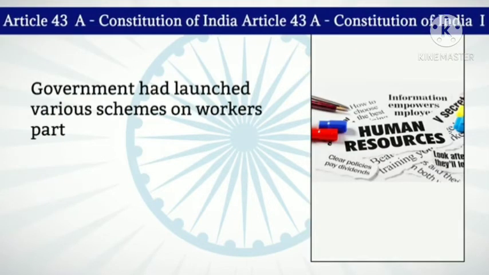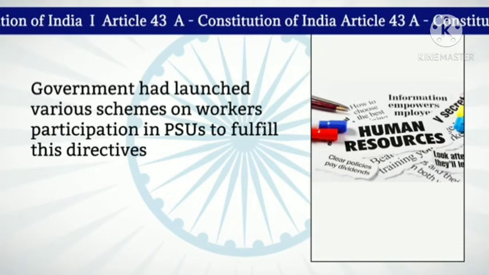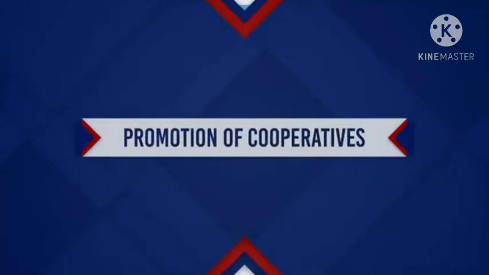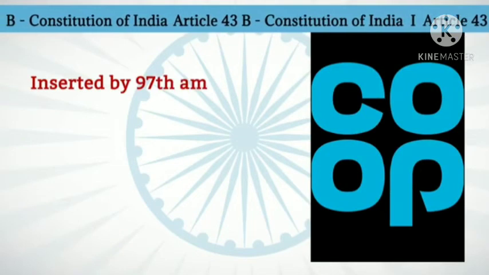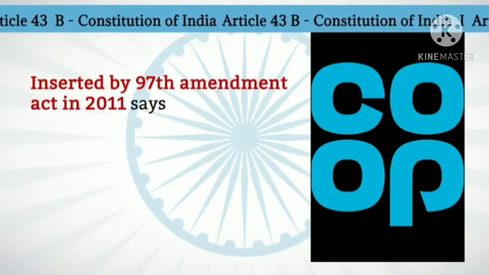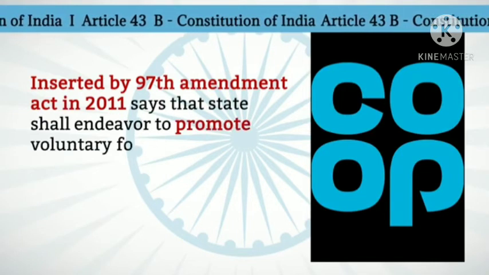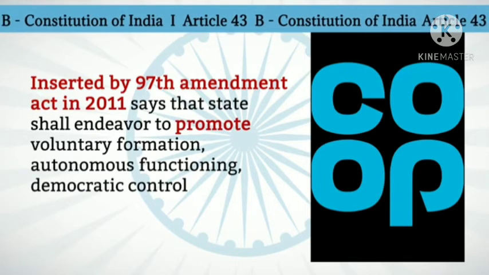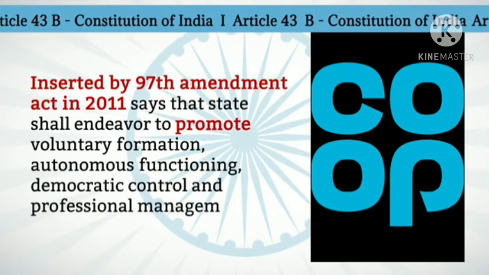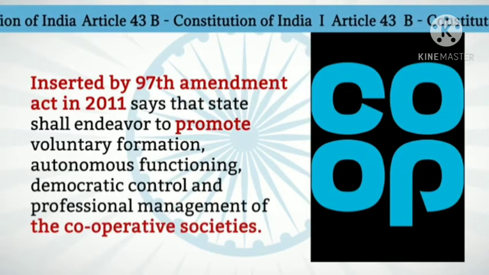The government has launched various schemes on workers' participation in PSUs to fulfill these directives. Promotion of cooperatives: Article 43B, inserted by the 97th Amendment Act in 2011, says that the state shall endeavor to promote voluntary formation, autonomous functioning, democratic control and professional management of cooperative societies.